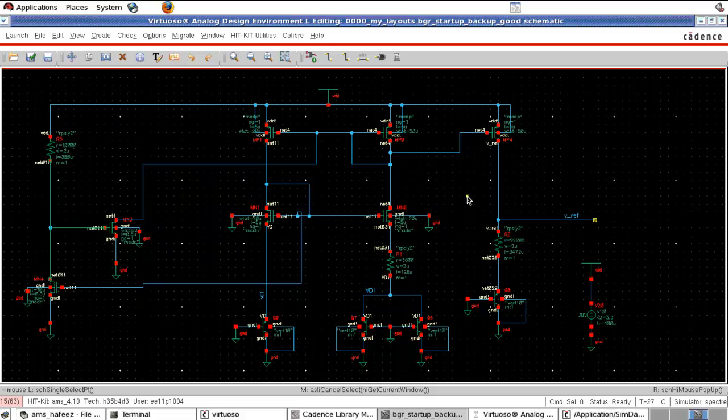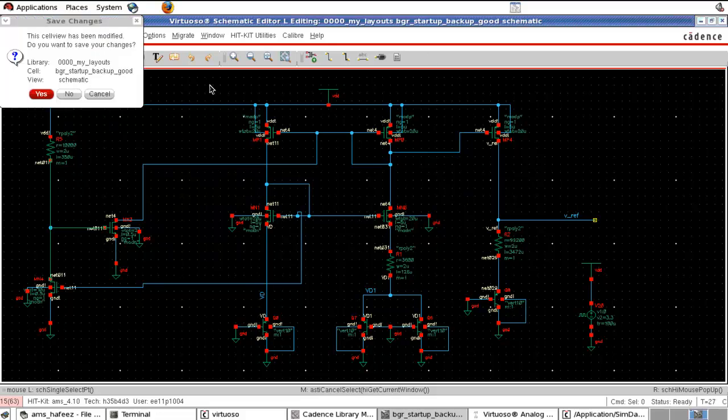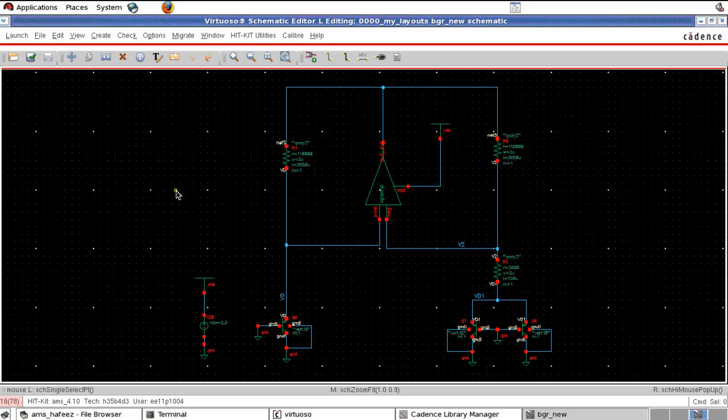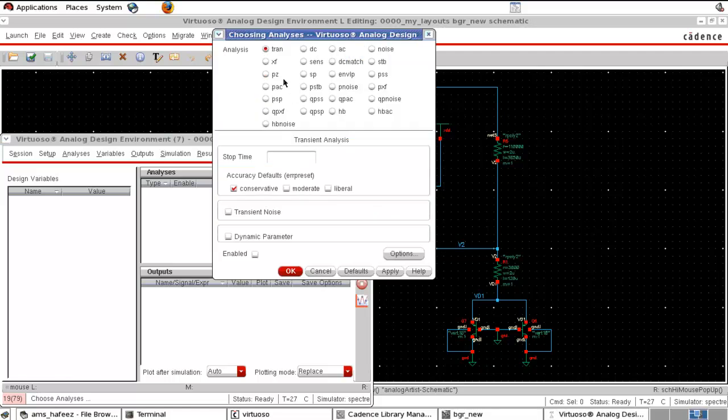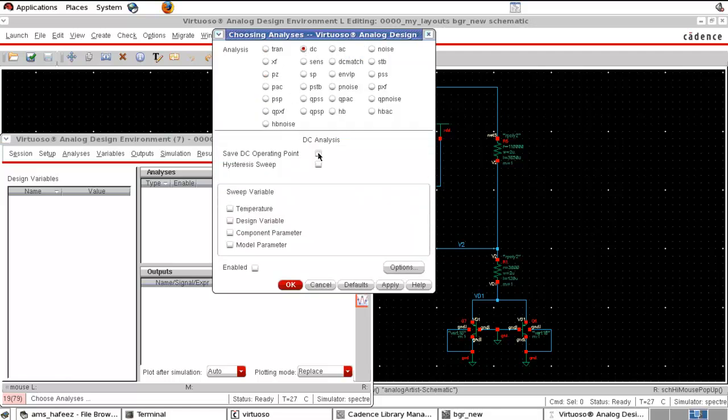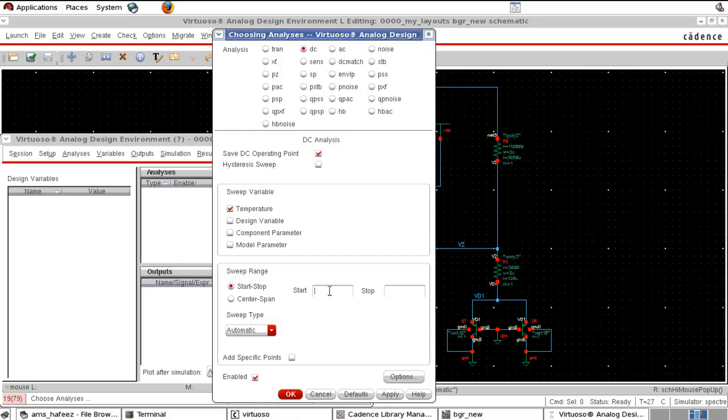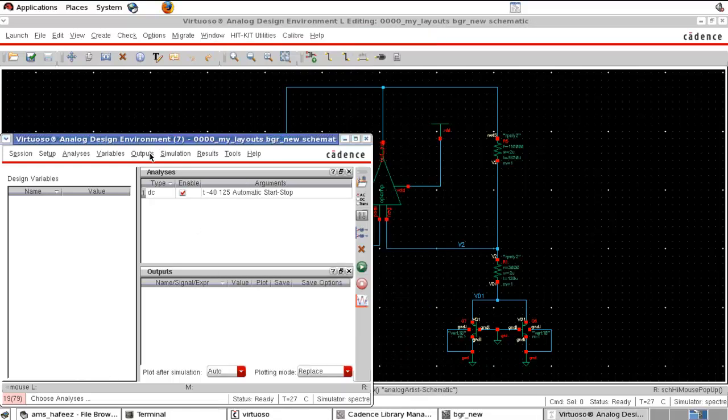Now let us analyze other topologies. So this is another topology of the bandgap reference that we discussed, and here also we can plot the DC analysis. We are doing the temperature sweep from -40 to, let's say, 125, and we want to plot the output.